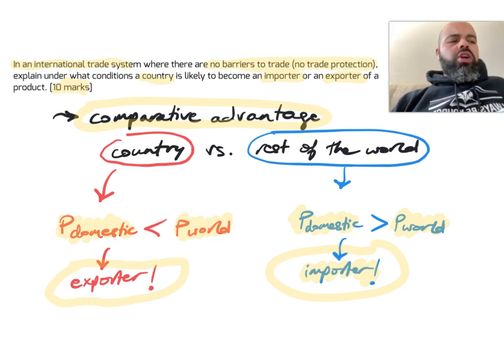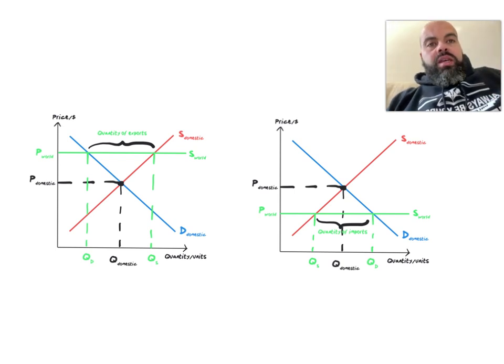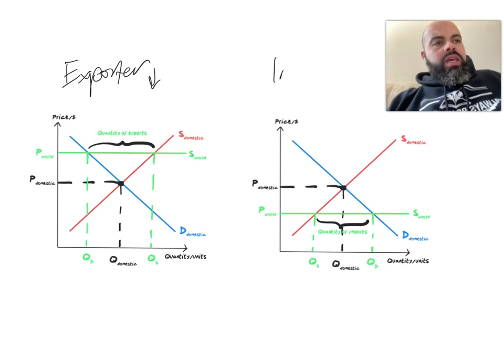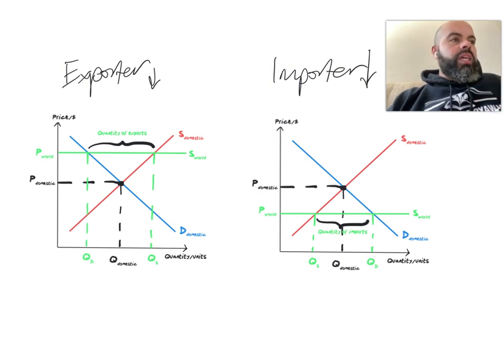So what does that look like on a diagram? Let's have a look. Here is the exporter diagram, and here is the importer diagram. I told you in the previous slide, if the domestic price of the product, which is the interaction of domestic demand and domestic supply, is less than the world price, which is this perfectly elastic world supply curve, then the country will be an exporter.